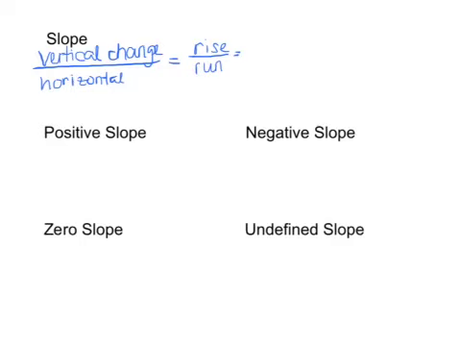Now, if I'm going to do the vertical change, that's going to be the difference in my y-coordinates. So I just take my two y-coordinates, y2 minus y1. And my run, or my horizontal change, is going to be x2 minus x1. Now, the letter that denotes slope is m. So if you see a lowercase m, we're referring to slope.